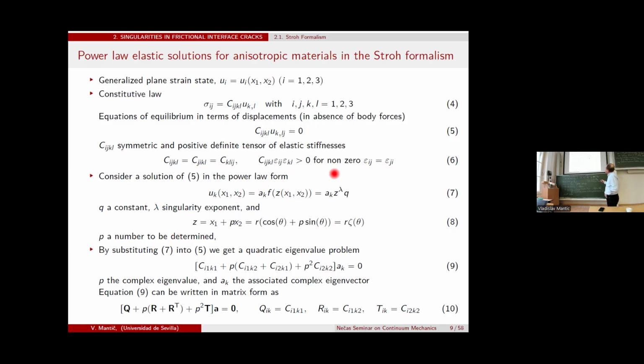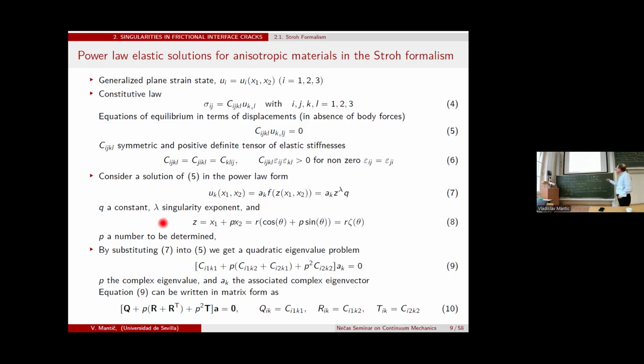And in the framework of the Stroh formalism, which was developed in 1962 by Stroh, we will consider this ansatz, the representation of the solution in displacement, just a constant vector times a scalar function f of the variable z, which is a linear combination of coordinates x1 and x2, where we use a factor number p.